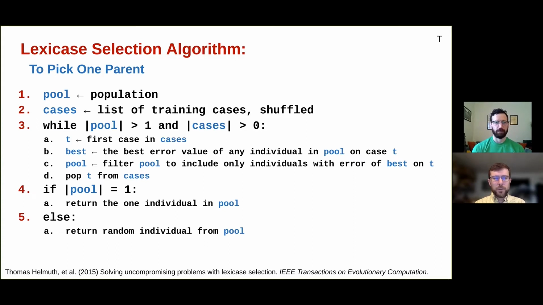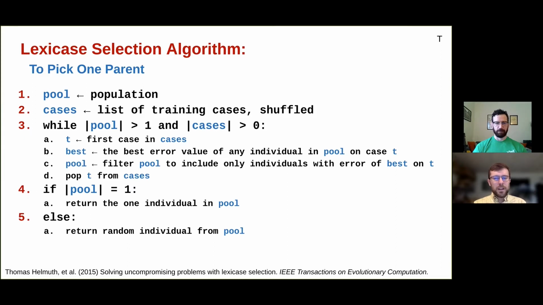The first thing I want to mention is that each Lexicase selection selects a single parent. So this process is going to be used once to select one parent, and then to select another parent, either for crossover or if you need another parent to create a new child, you'll run this entire algorithm again.